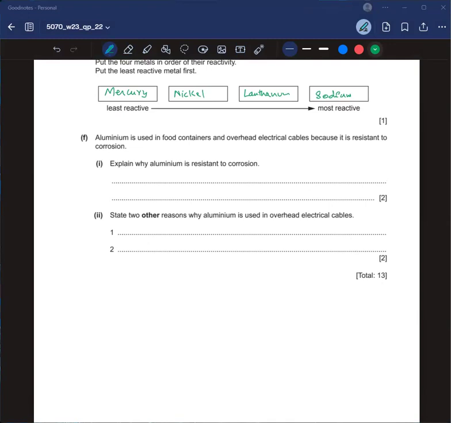So it forms a layer of oxide and prevents. You know that corrosion happens when oxygen gets in contact with the metal.